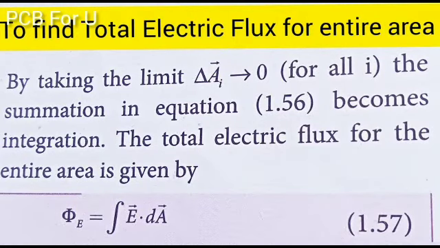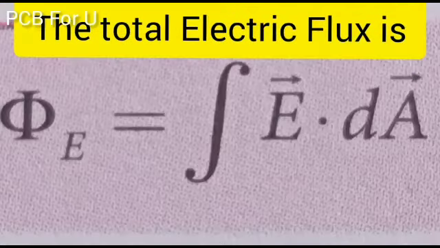So this electric flux, total phi E, is equal to the integral of E vector dot dA, by taking the limit del A i going to 0 for all i, the summation becomes this equation.